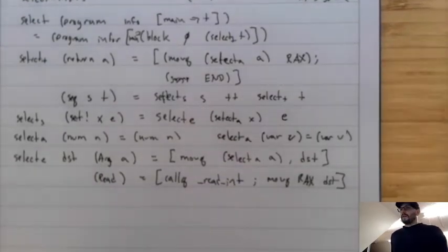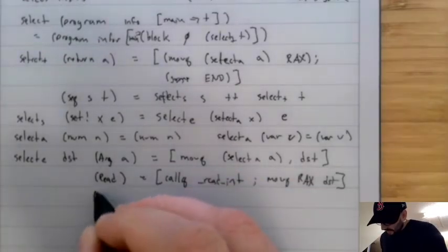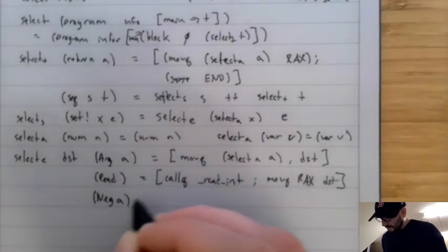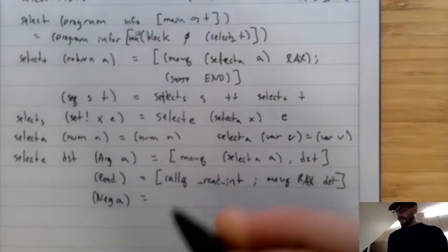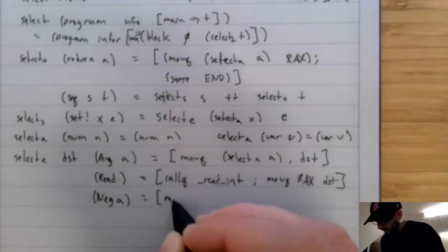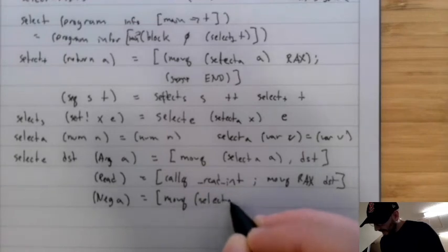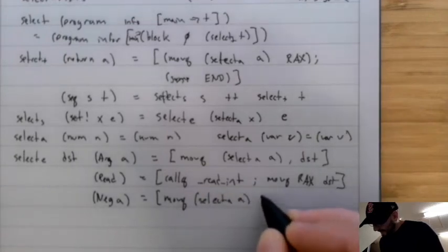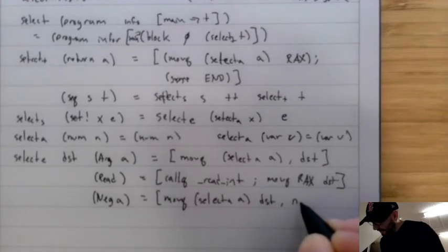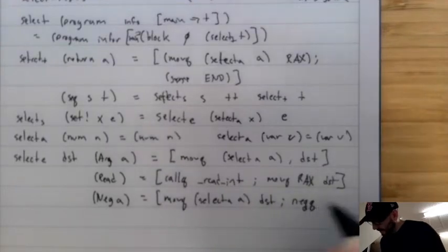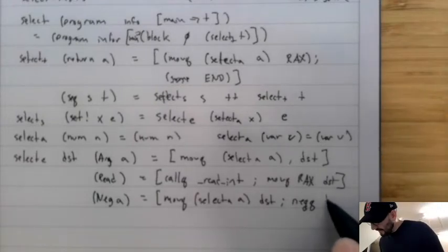There we go. Or we're going to have a negation of an argument, in which case what we're going to do is we're going to movq select A into the destination, and then we're going to call negate, it's called negq, on the destination.